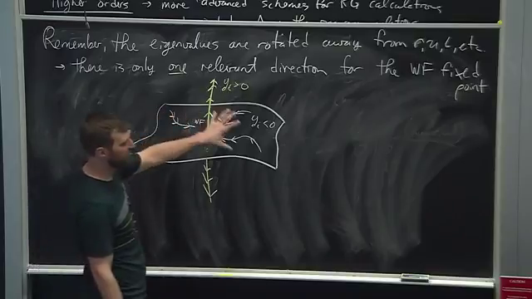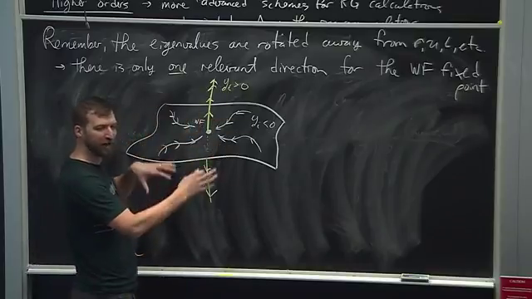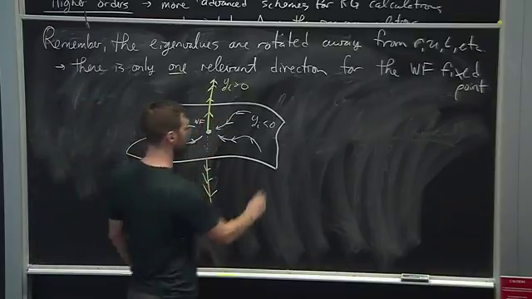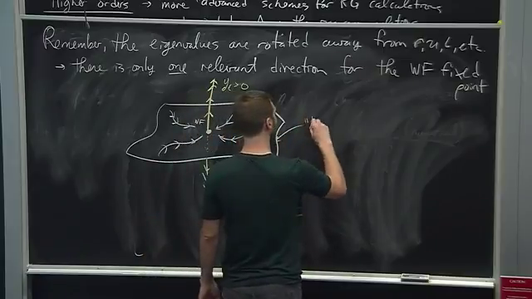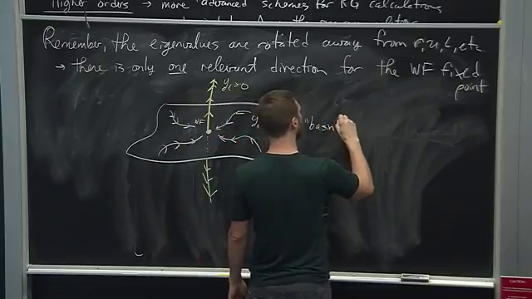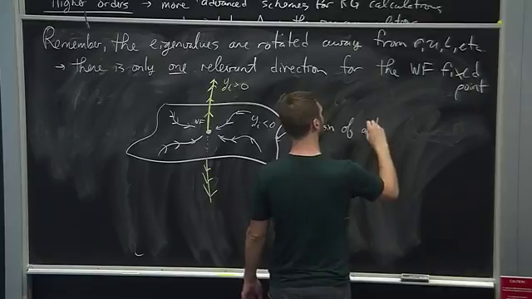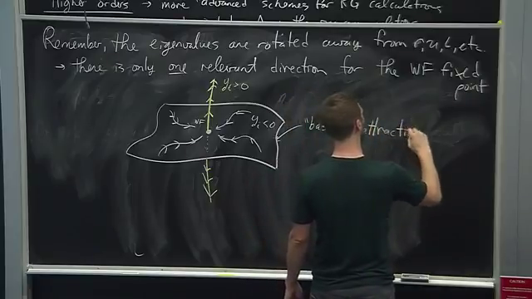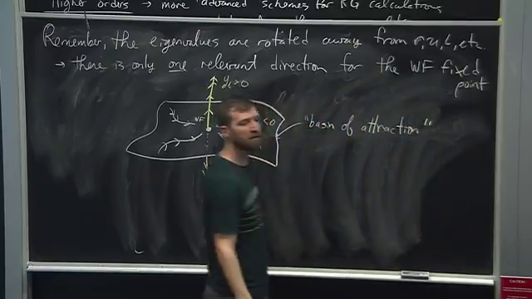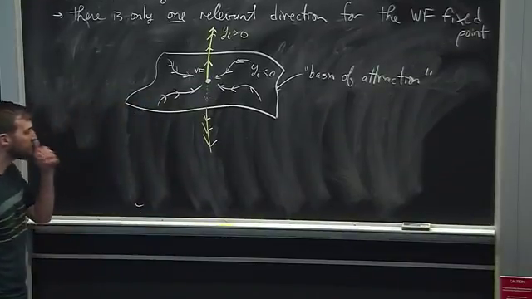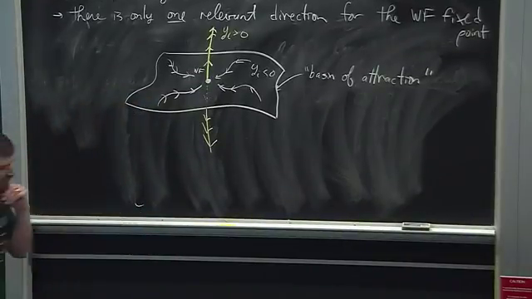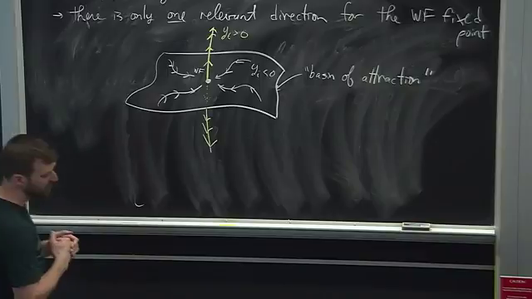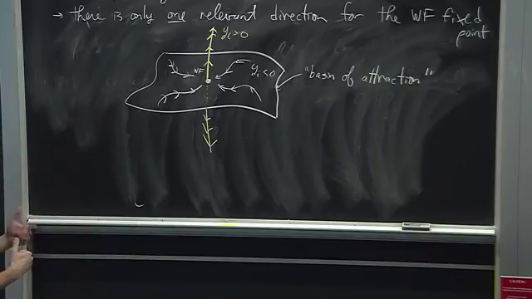So that whole space of irrelevant directions is called the basin of attraction. So the universality of exponents is basically traced to that basin of attraction.